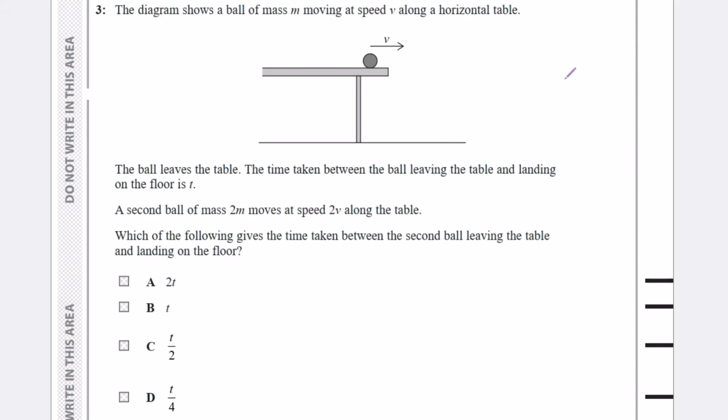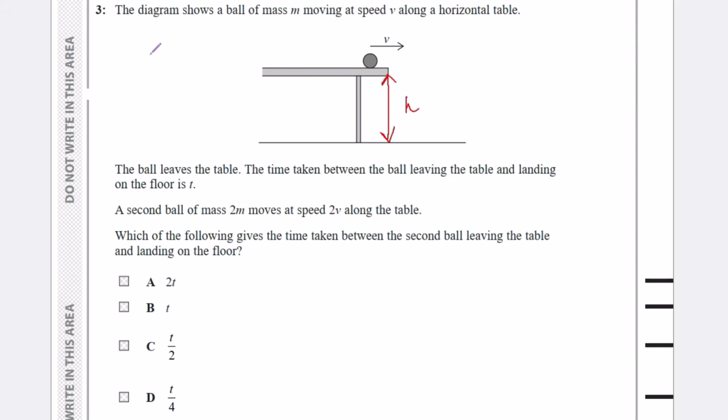You have to recall the concept of independence of horizontal and vertical motion. So both the balls are falling from the same height, right? They have the same height, everybody, right? And even though the masses are different, even though the horizontal speeds are different, since they're being launched horizontally, both of them have an initial vertical velocity of zero, right?